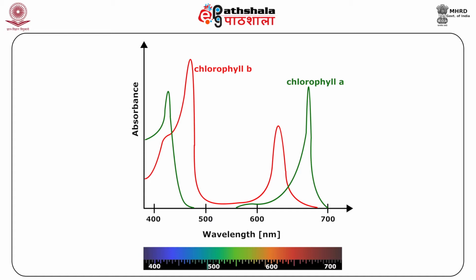Different side groups of the two chlorophylls tune the absorption spectrum to a slightly different wavelength, so that light that is not significantly absorbed by chlorophyll A at say 460 nanometer will instead be captured by chlorophyll B, which strongly absorbs at that wavelength. Thus, these two kinds of chlorophyll complement each other in absorbing sunlight.